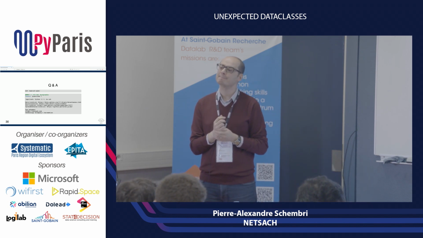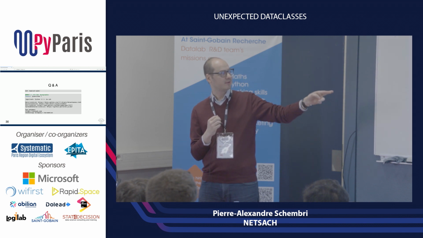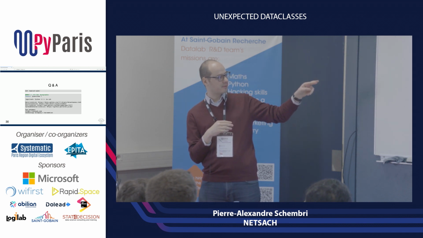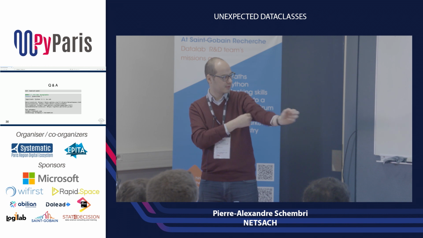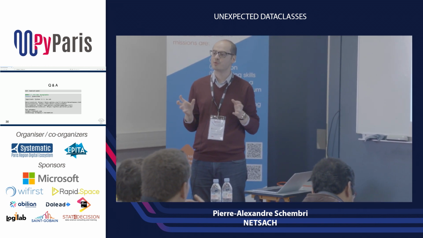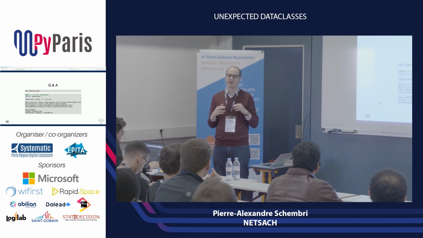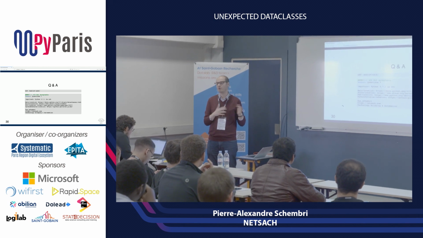Thank you for your talk. Do you know attrs, the project? Yes. How do you compare it? I mentioned it in the end. It's basically the source of inspiration to build data classes. attrs is for Python before 3.7.